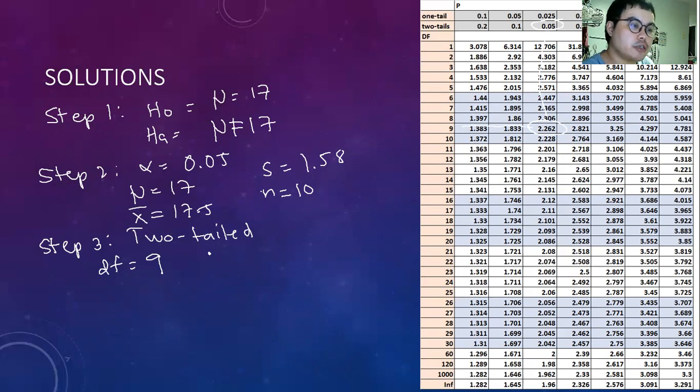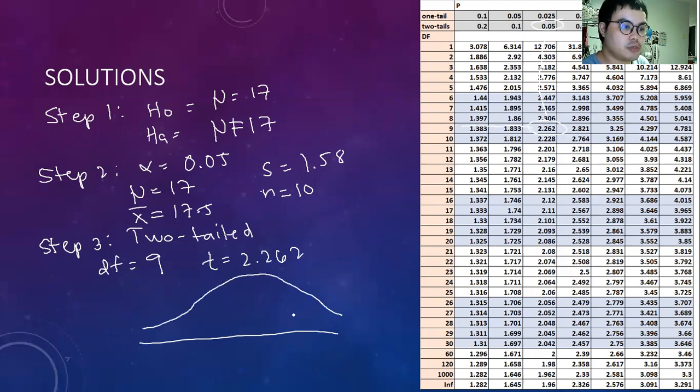Our critical value is 2.262. Here is our curve. Forgive me for my drawing. We have two rejection regions since this is two-tailed.